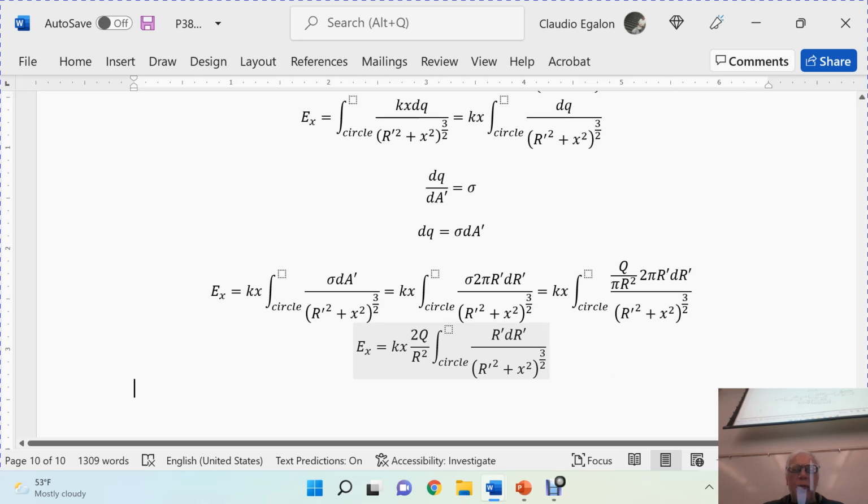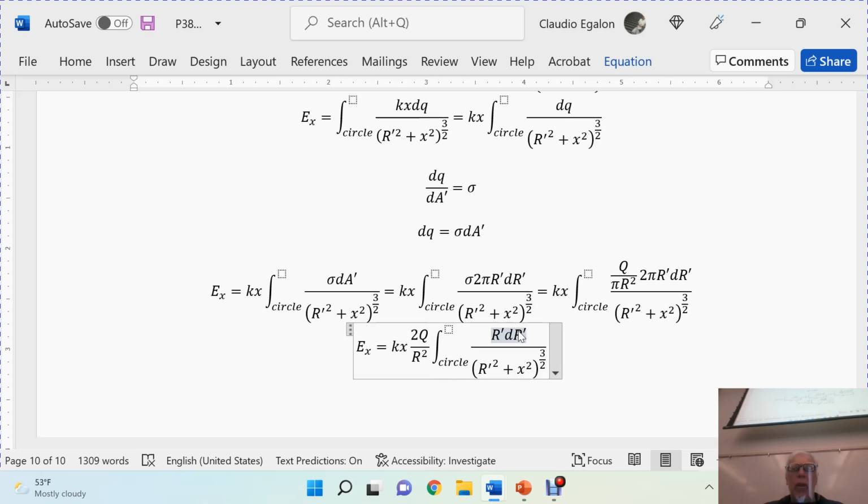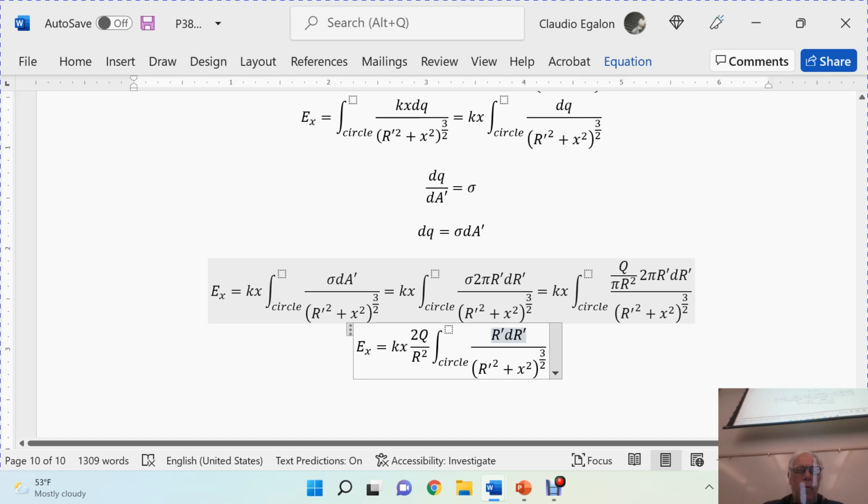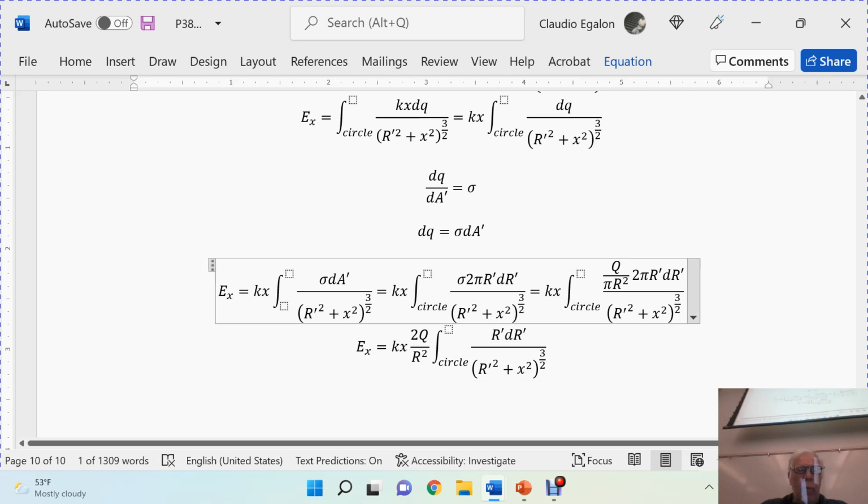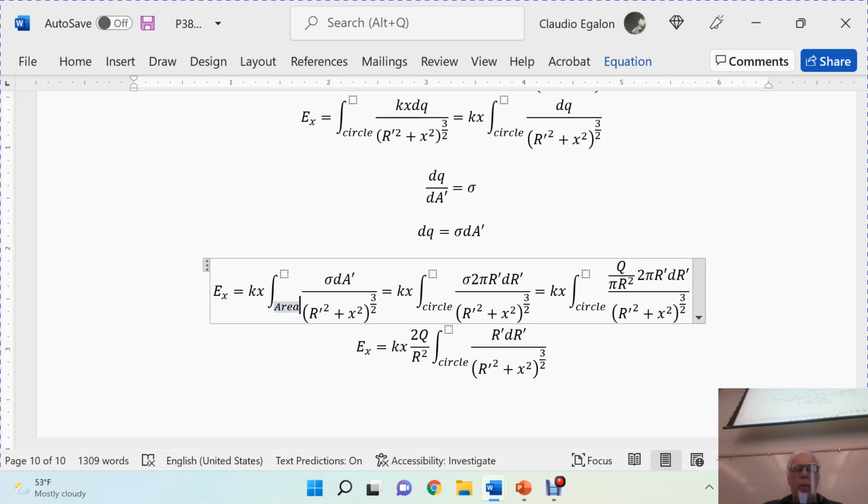And now we have to struggle with this integral. Now we changed the integrating variable from dq to dA prime, and from dA prime to r prime, right? So when we change the integrating variable, we should put here the area.